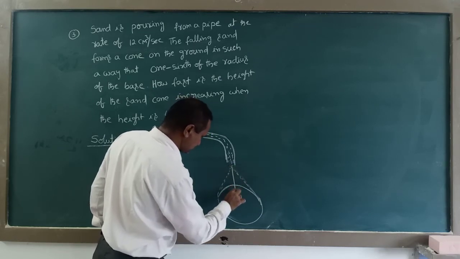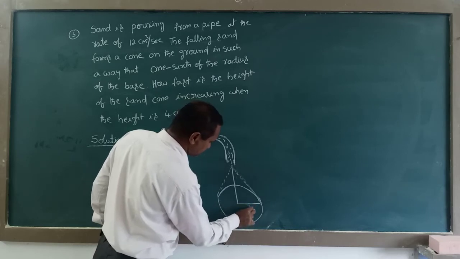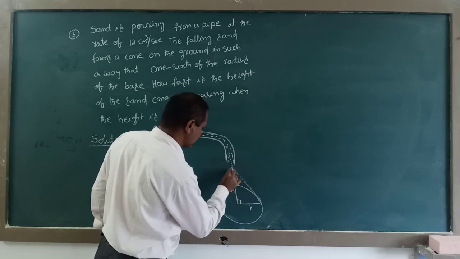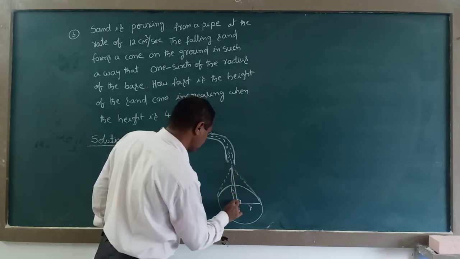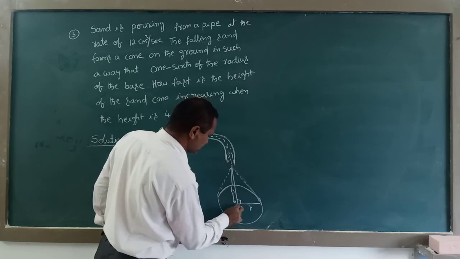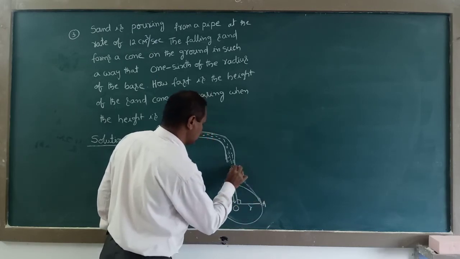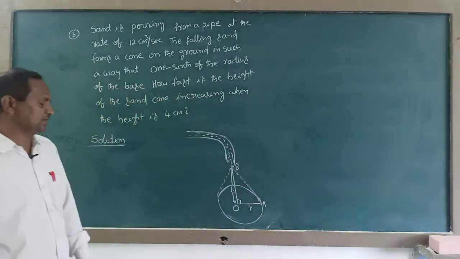This is the height, the radius. O it is, A, B this is. Like that they are giving here.